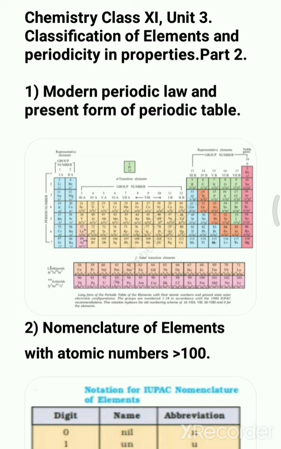He plotted the square root of ν, where ν is the frequency of X-rays emitted, against the atomic number Z, which gave a straight line, and not the plot of square root of ν versus atomic mass. From that, the atomic number is a more fundamental property of an element than its atomic mass.